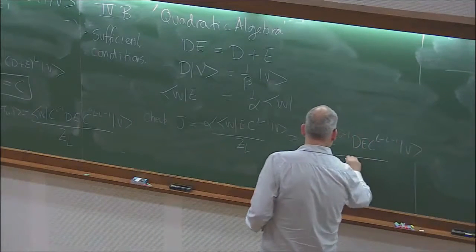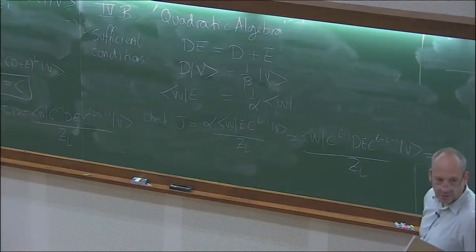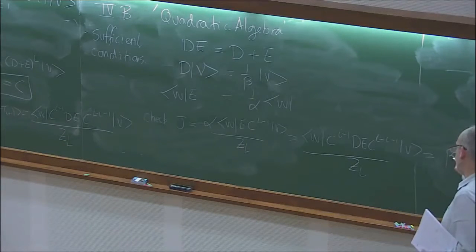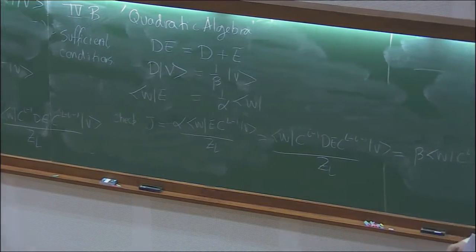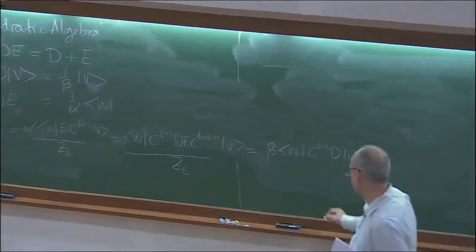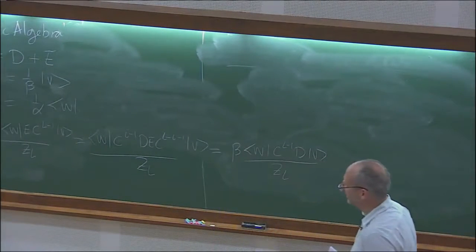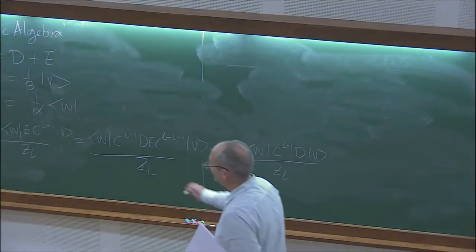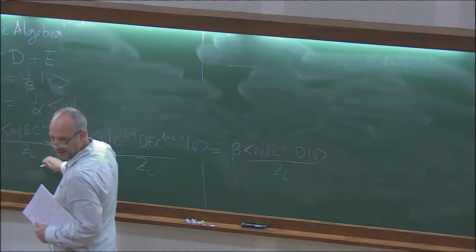And finally, at the right-hand side, the current is beta times the density at site L. So it becomes beta W C to the L minus 1 D, because the D here means that we have a particle at site L, over ZL. And then you see straight away that these equations ensure a constant current.